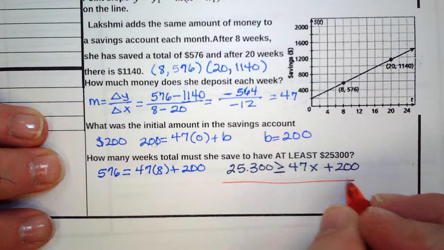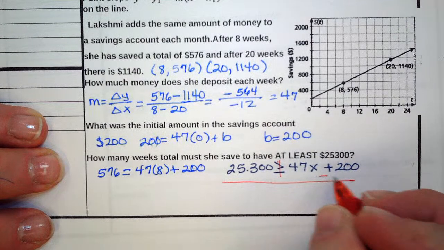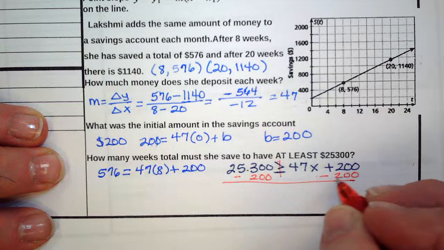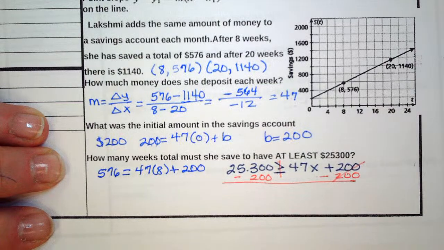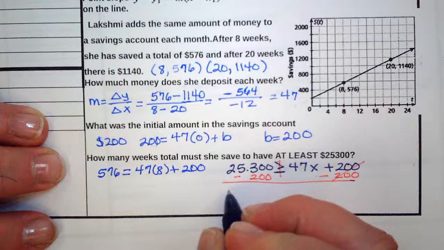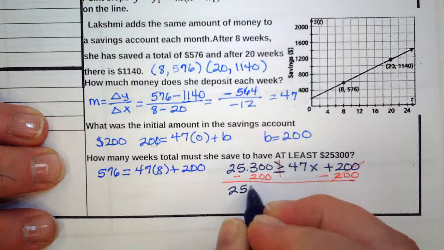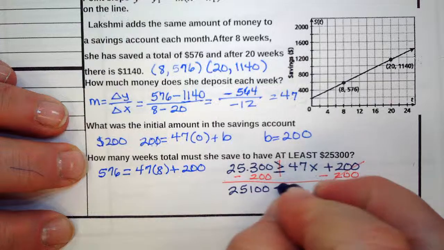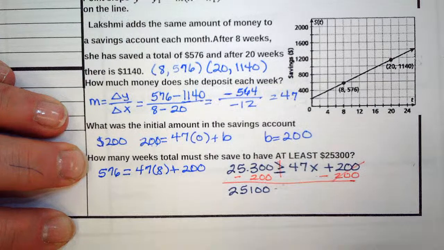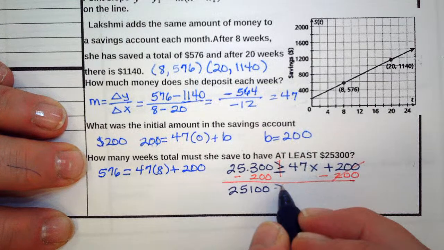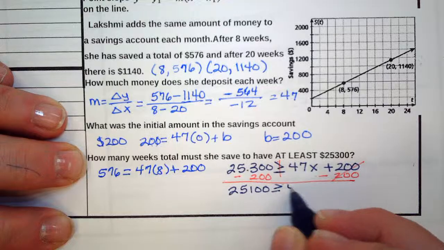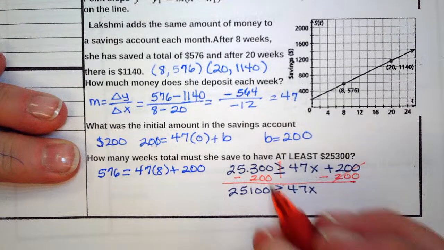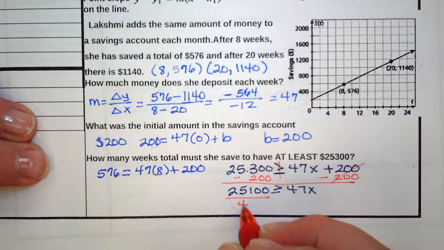Step 1, subtract 200 from both sides. $25,100 is greater than or equal to 47x. Divide by 47.